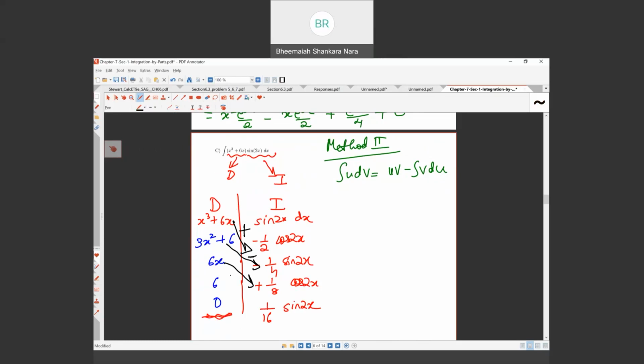It's alternating plus and minus. Multiply 6 with the 1/16th term and you have a minus sign. The last term, when you multiply 0 and 1/16th, anyways you get 0, so you don't write the term. So let's multiply out the terms and write the integration.